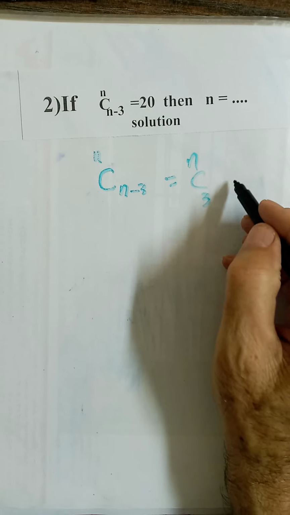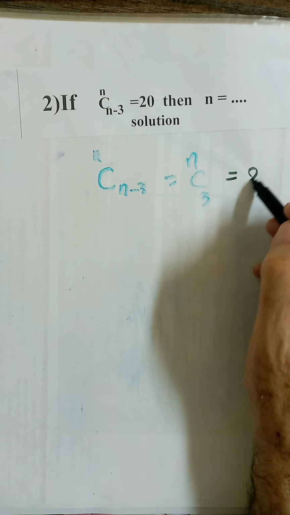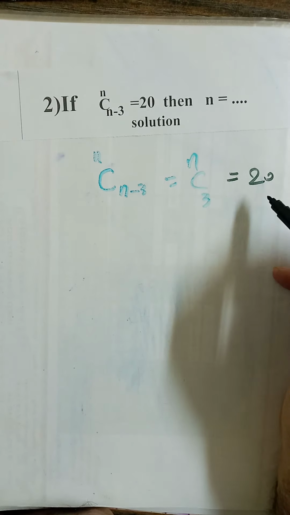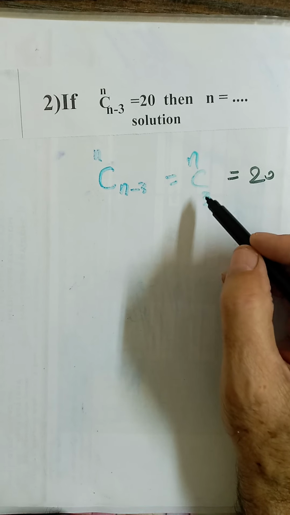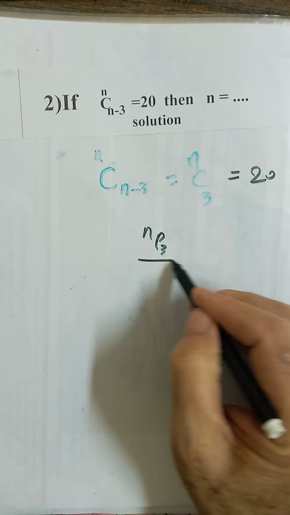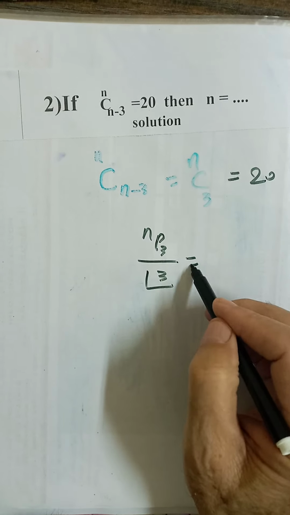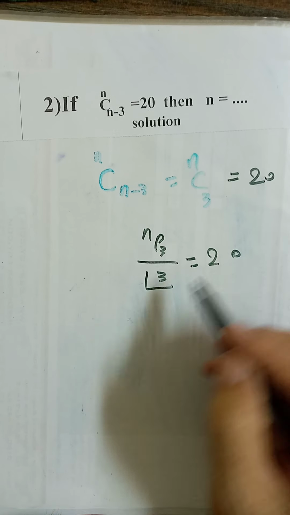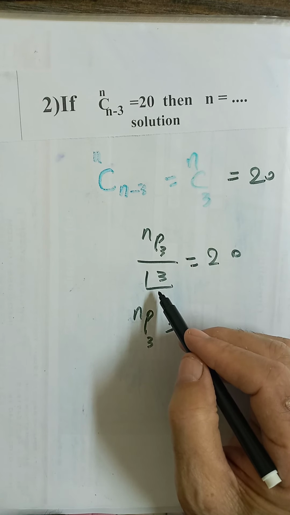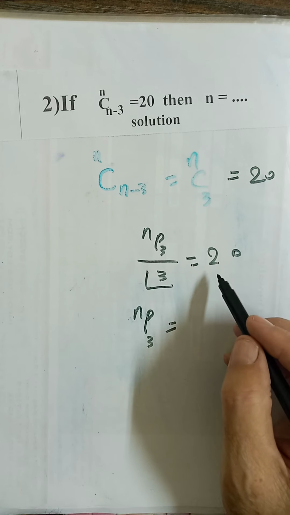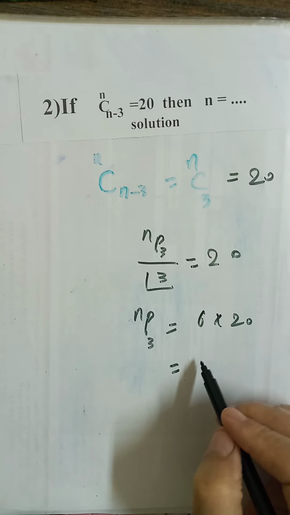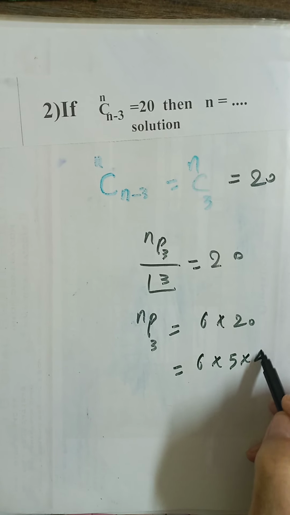This equals 20. nC3 equals 20. What's the meaning of nC3? nC3 is nP3 over factorial 3 equals 20. nP3 equals factorial 3, 3 times 2 times 1 equals 6, 6 times 20. 20 is 5 times 4.